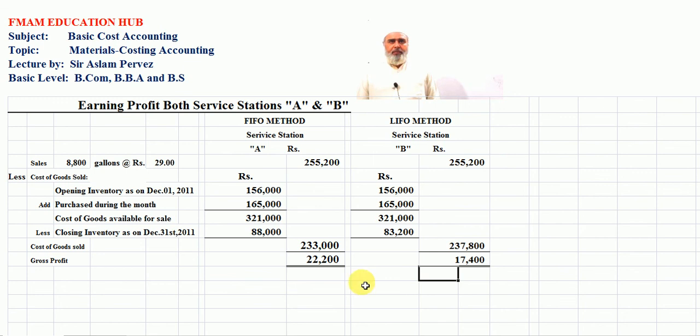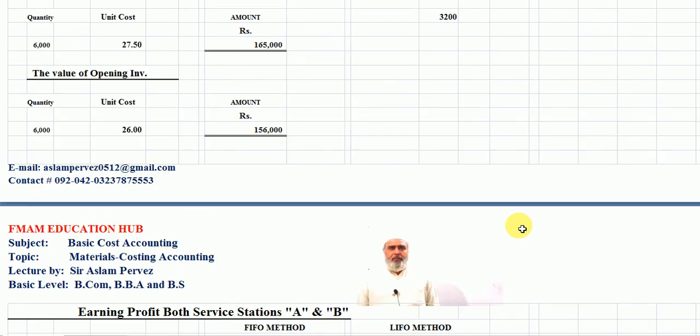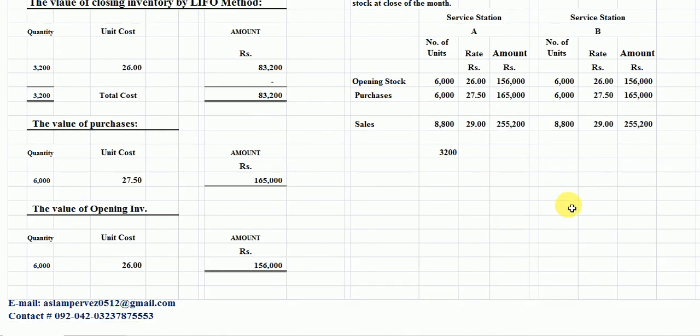Students, you are looking at both the profits in gross profit, which are different values. What is the reason the values are different? Because company A uses the FIFO method and company B uses the LIFO method. Now you are comparing here.